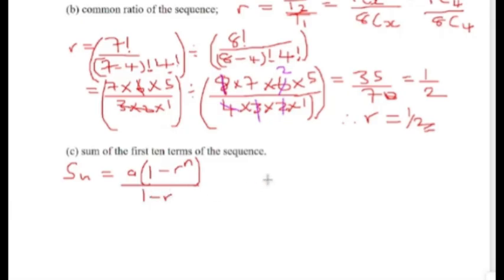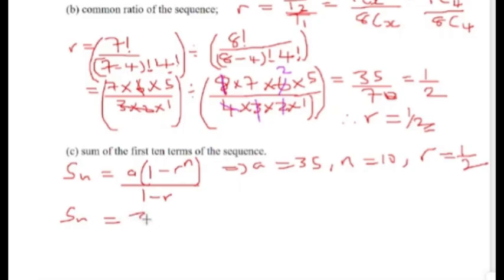That's the formula we're going to use, where our a, our first term, which is 7 combination x, is equals to 35, n is equals to 10, and r equals to half. So all we need to do here is simply to fix in these values, and that will give us the sum of the first 10 terms.